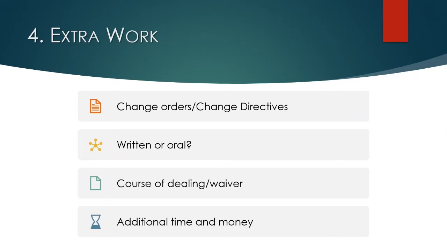And then, as you can imagine, one party is saying we never agreed to that, and the other party is saying yes, you did, because you agreed to all of these orally rather than in writing. Change orders can take the form of additional time and or money. These are mini contracts, and so you need to pay close attention to what the subcontractor is asking for, and conversely what you're asking for from the owner.